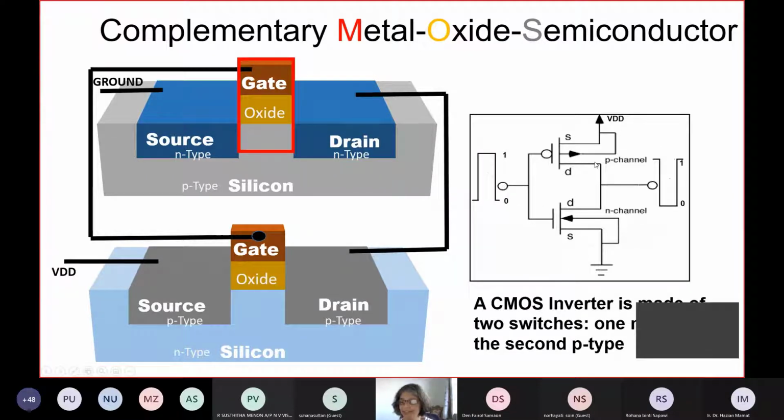And because of this CMOS inverter, it has introduced this huge revolution over the last 50 years, which has allowed us to enjoy all of these microelectronic devices. The main reason is that only one of these transistors is on at any one time, and that means the power consumption is very low.